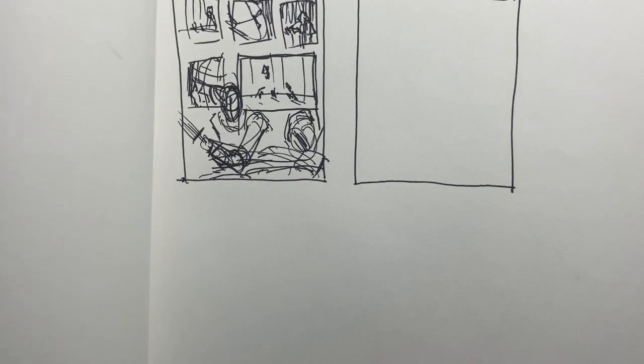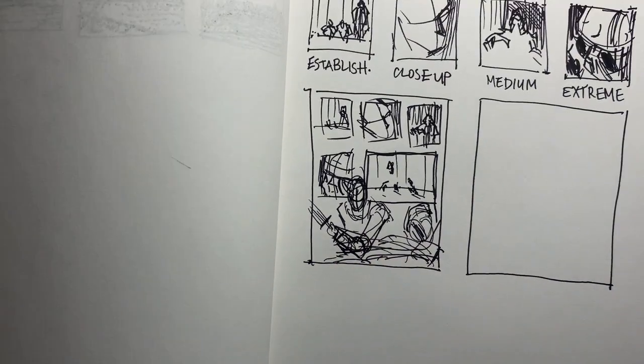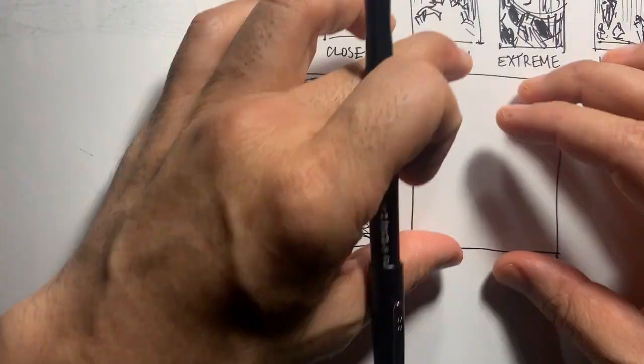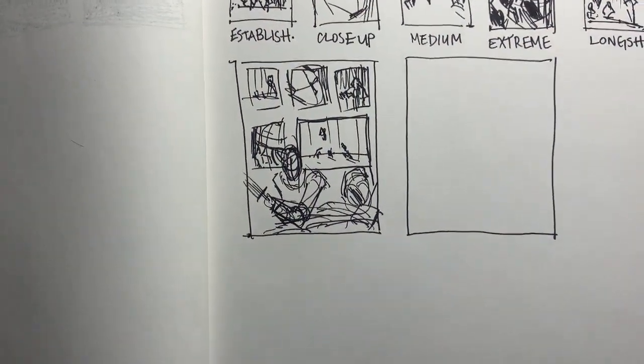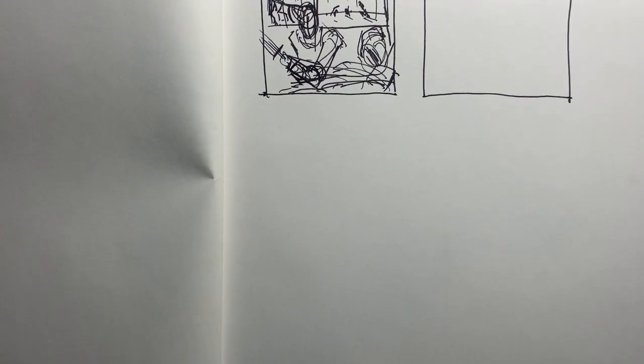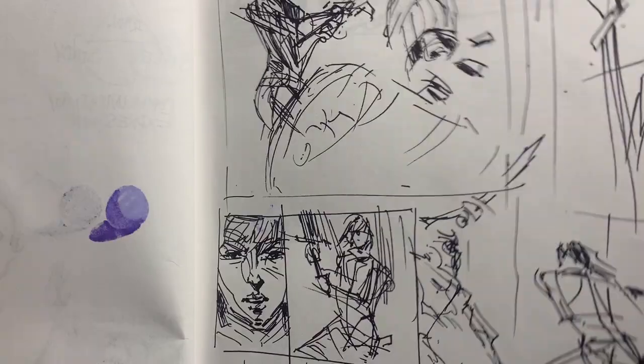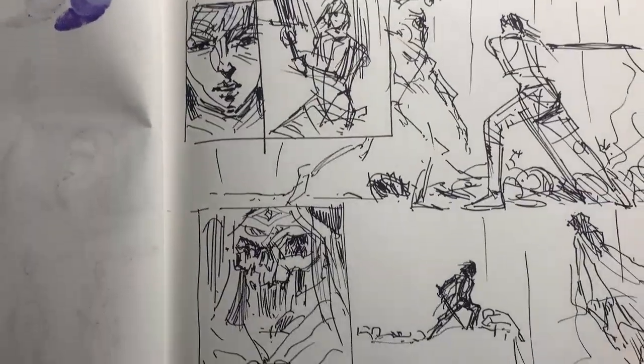If I already knew that I was going to draw this, let's pretend this was bigger, I would just go in, or maybe I could just do it like this. Well, actually, let's go ahead and plan the next page.